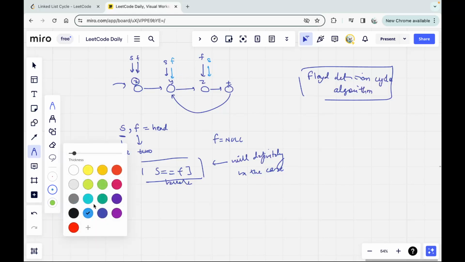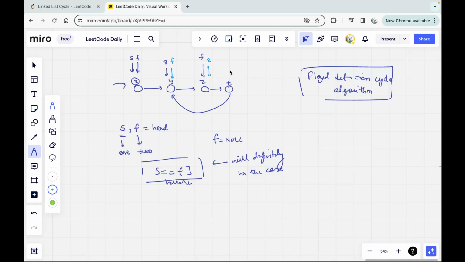In the next iteration, slow pointer will be present here, correct? And fast pointer currently is here, so it will move by 2 units, that is here. So here you can see that on this very node, the slow and the fast pointer have become equal. And this is when we will break out of this loop and say that this particular linked list definitely contains a cycle.